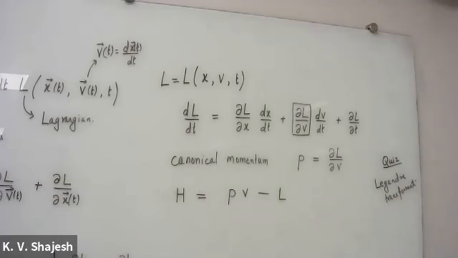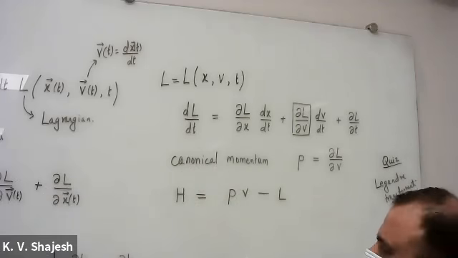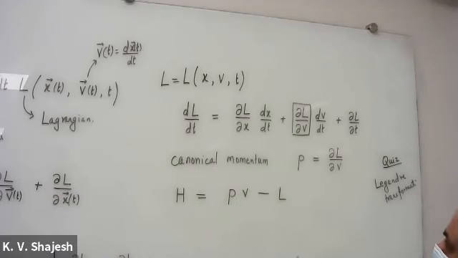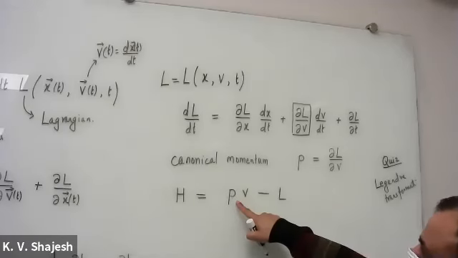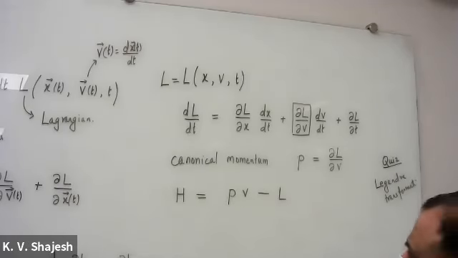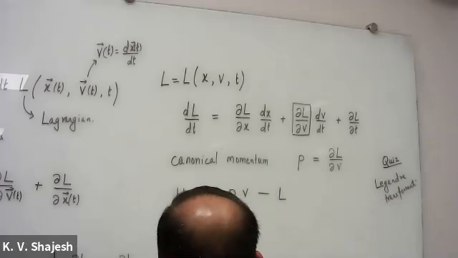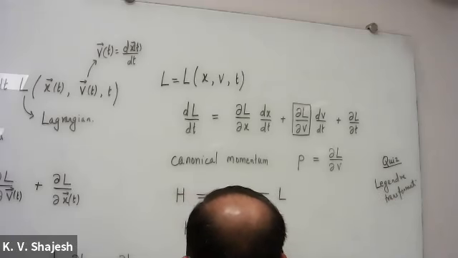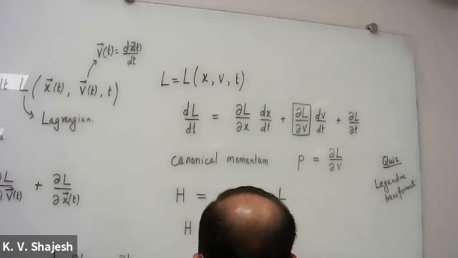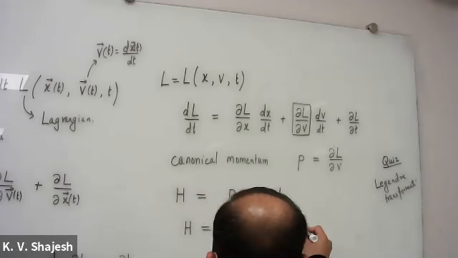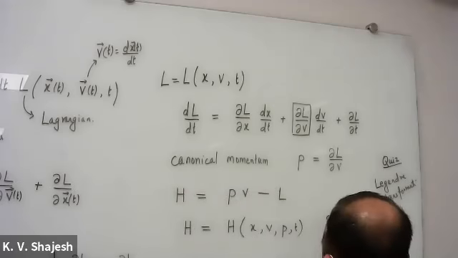So now let's see what quantities H depends on. Very naively, one would say that L depends on x, v, and t. And now we have introduced a new quantity p. So in general, H should depend on x, v, p, and t, right? So let me put that as a question mark.